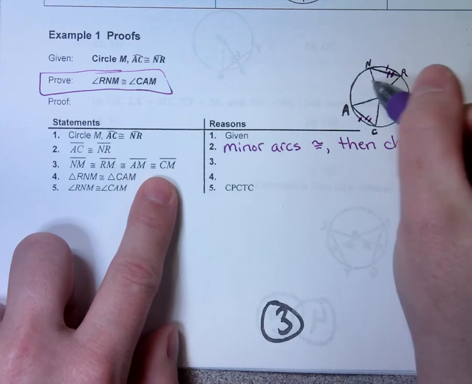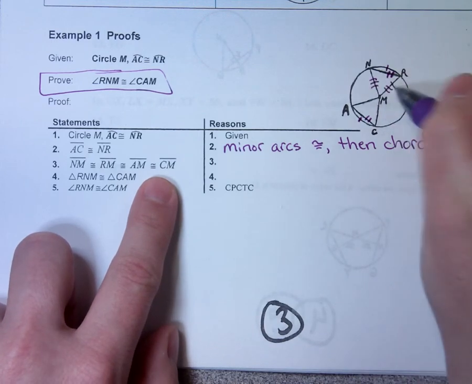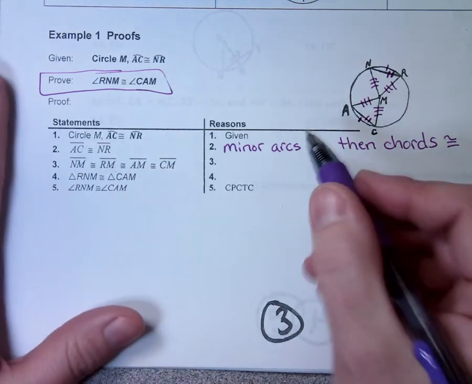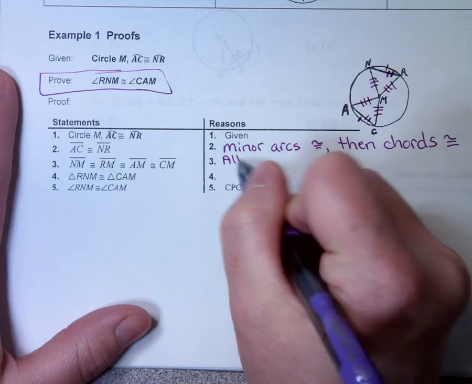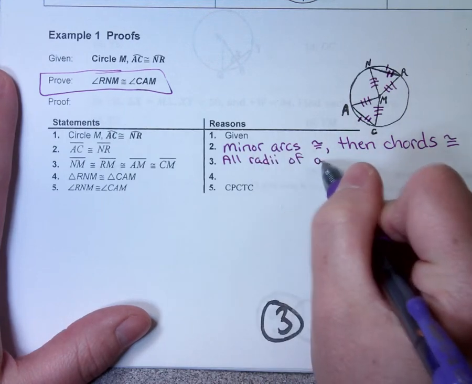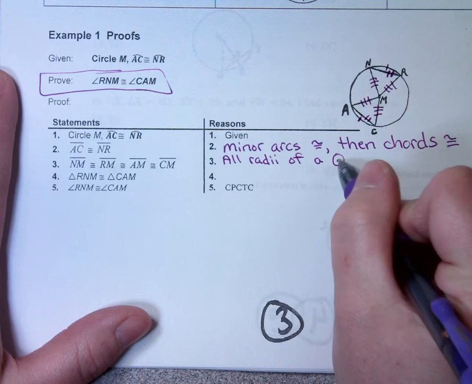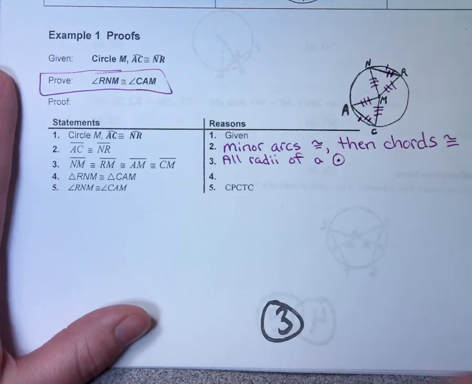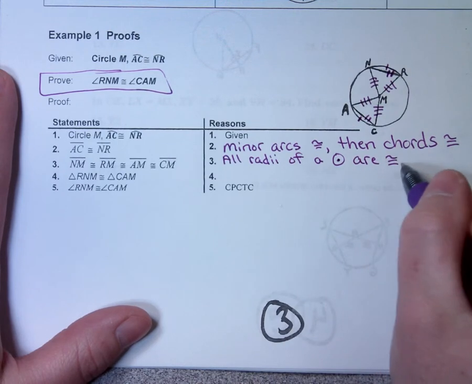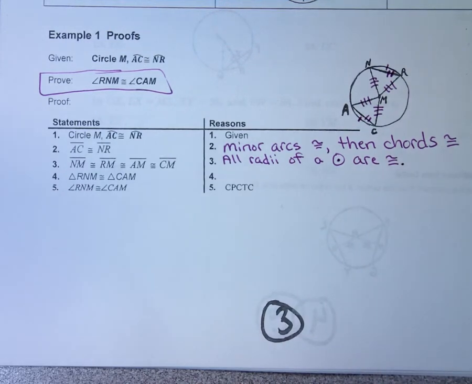Yes. So I'm going to give them all 3 little tick marks. And the reason I'm going to put for that is all radii. Why does it say radii? Because it's the plural form. All radii of a circle are congruent. Whatever one radius is, the other radius should be the same measure.